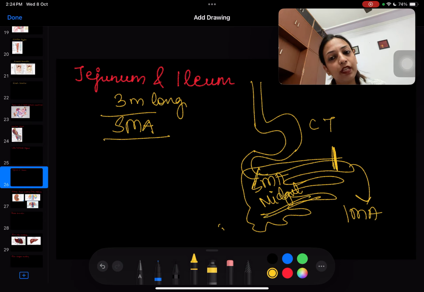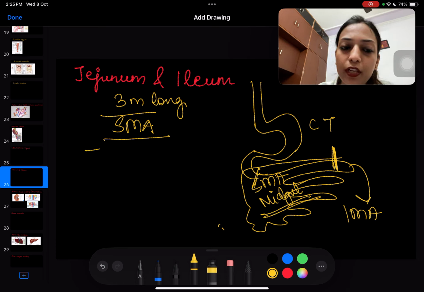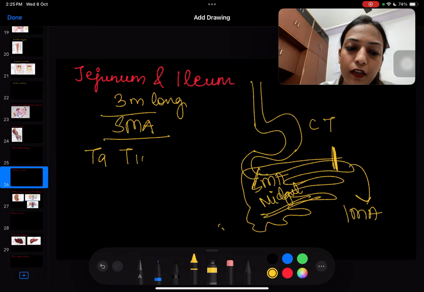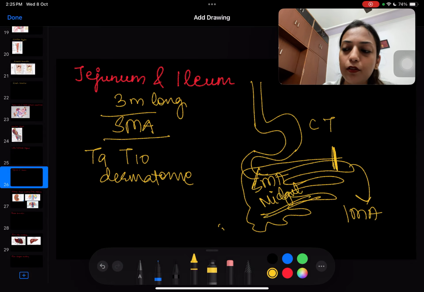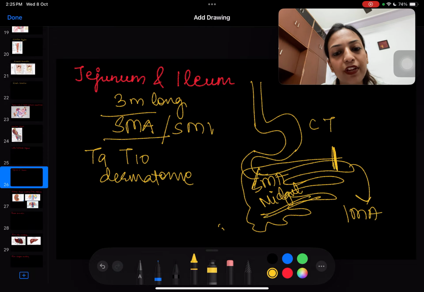So jejunum and ileum is supplied by the superior mesenteric artery. Pain fibers are referred to T9 and T10 dermatome. Okay, venous drainage is through superior mesenteric vein. This is all we need to know. Very small topic. Let's go to the next one. Kidney.